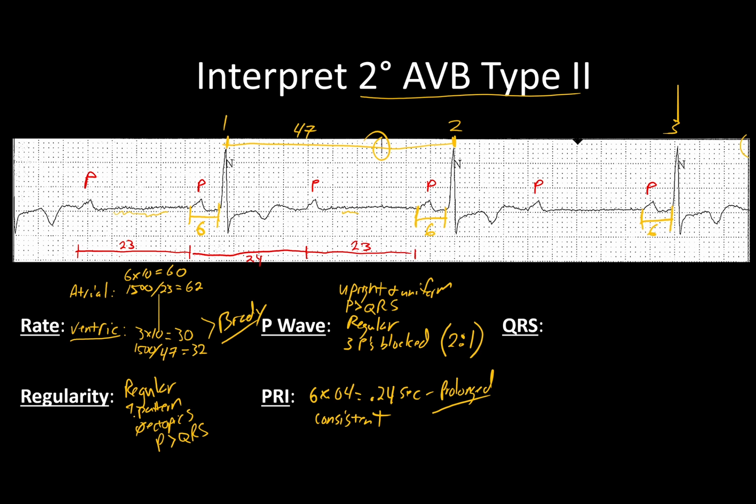That fits one of the criteria for second degree type 2, that you have the same PRI every time. We'll look at our QRSs just to make sure we don't overlook them. We can say that the few that we have are uniform with our S pattern.